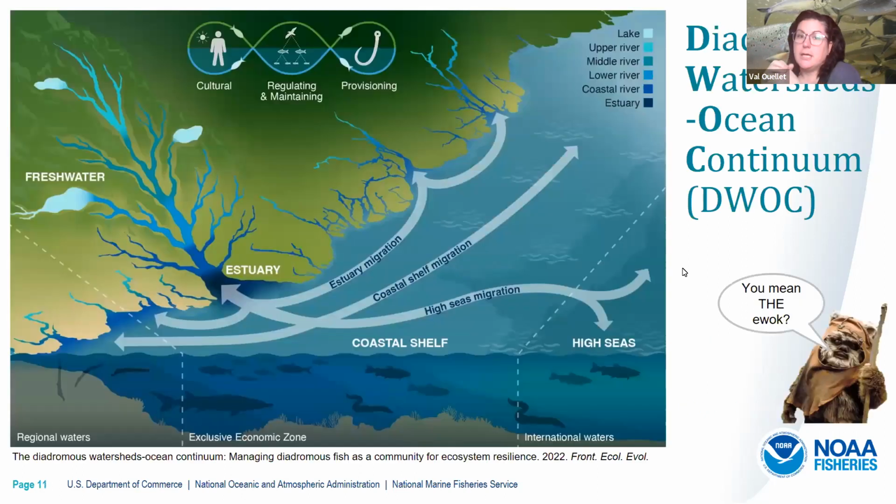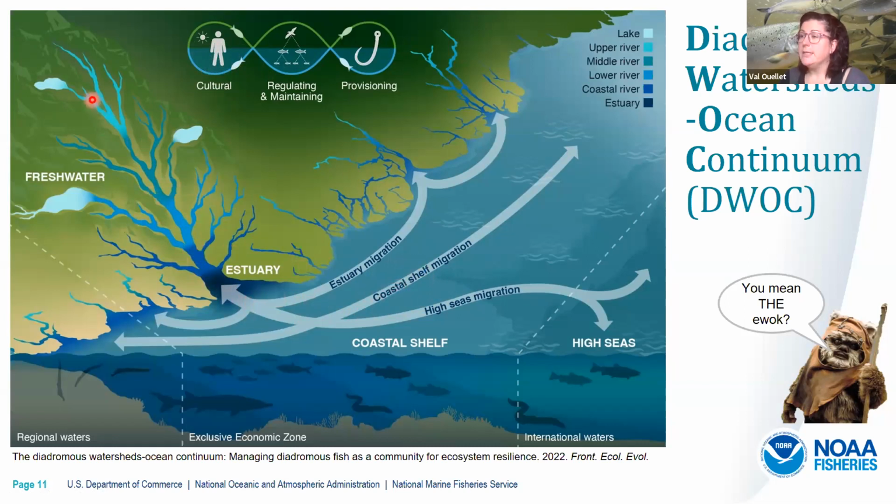So that all comes together into what we call a conceptual model, the Diadromous Watershed Ocean Continuum, DWOC in short, where you have the ecosystem services and the ecosystem that the fish use and their movement, to show that the ecosystem services are going to be delivered in a specific space at a specific time of the year.